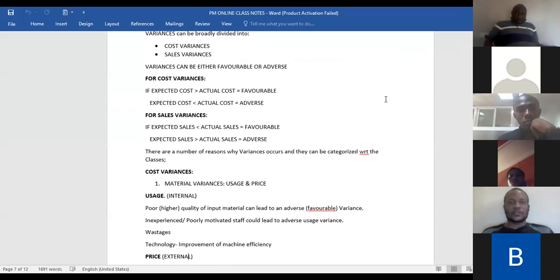So if our deviation is favorable, it will mean that our actual cost is less than our expected cost. And if our expected cost is less than actual cost, then it means that we spent more than we expected to spend, which is a bad thing, and so we call that adverse.